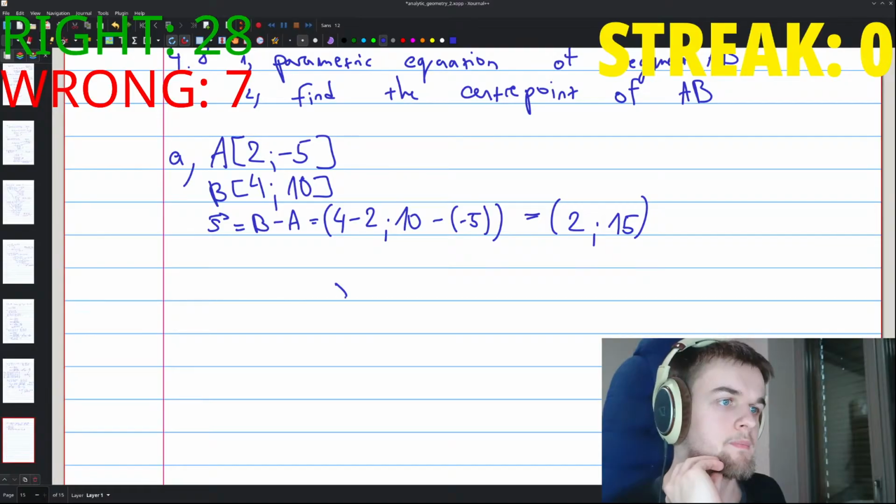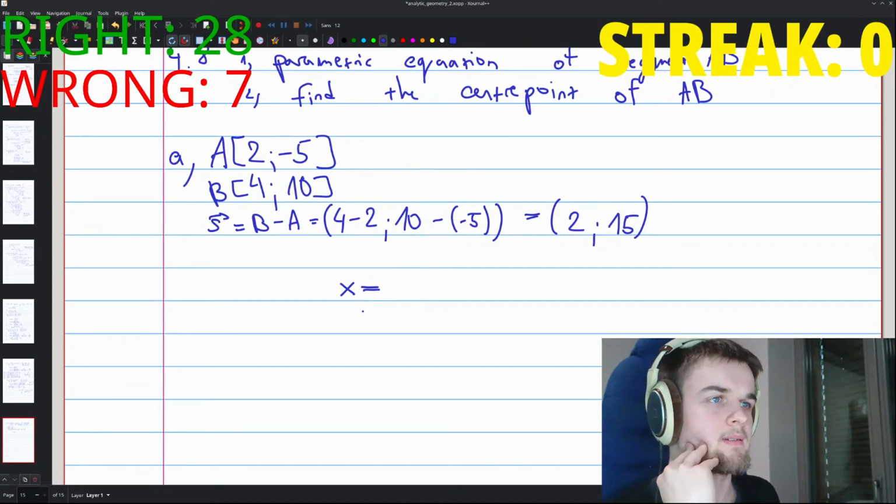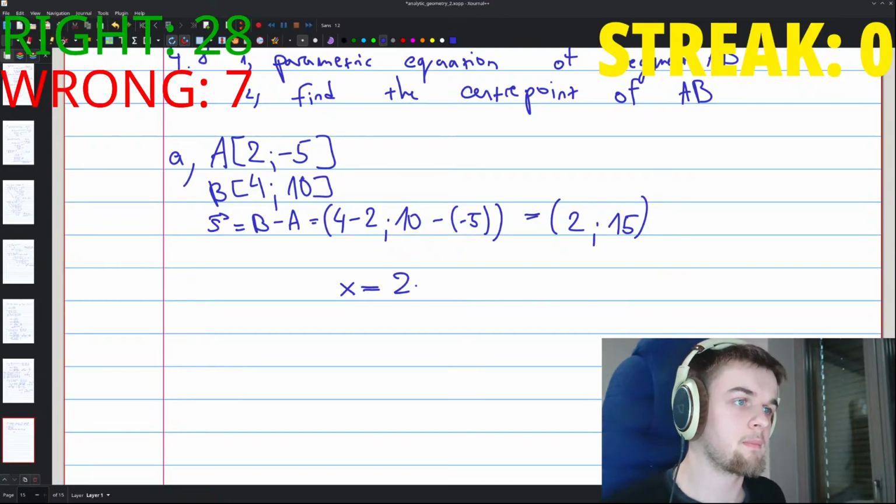And now we just simply do x equals 2 plus 2t and y equals minus 5 plus 15t. To be honest, I don't even know how you would do an equation of a segment. That's pretty crazy, to be honest. Well, let's see, maybe it's something I missed.